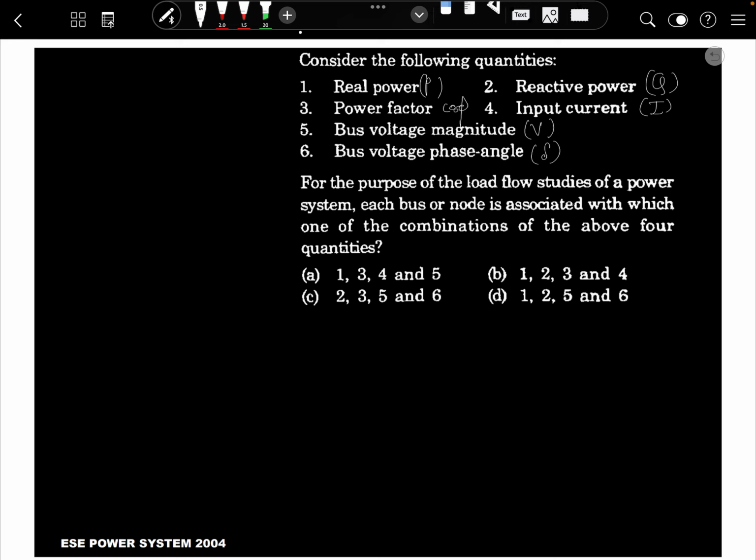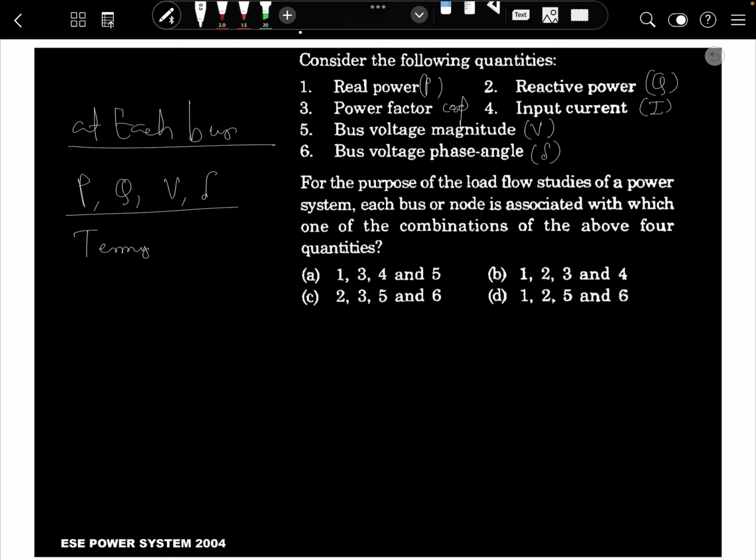So always remember, at each bus, P, Q, V and delta, these four are the quantities which are needed at each bus. So check the option which is correct: 1, 2, 5 and 6, option D. Option D is correct here.